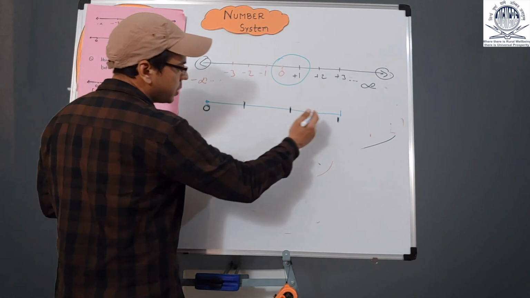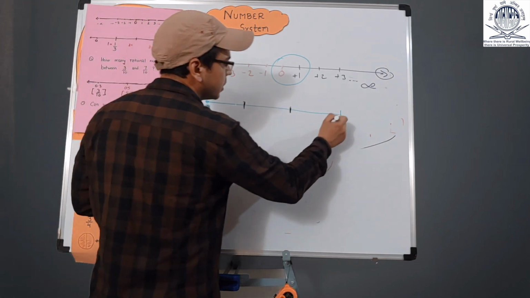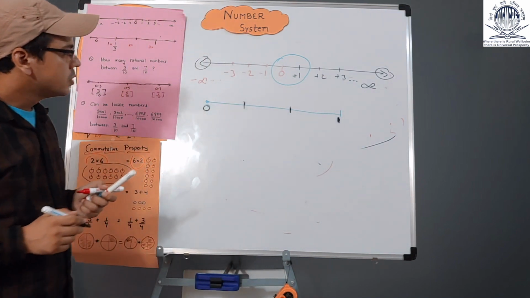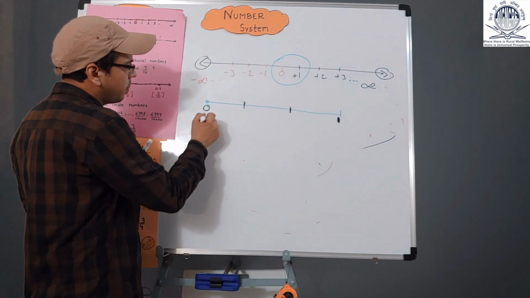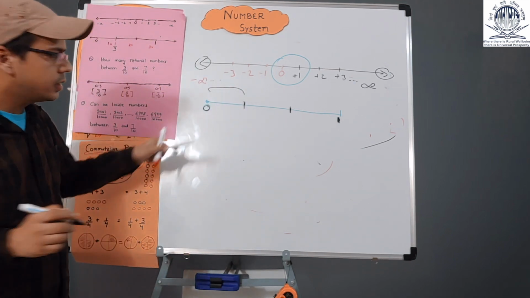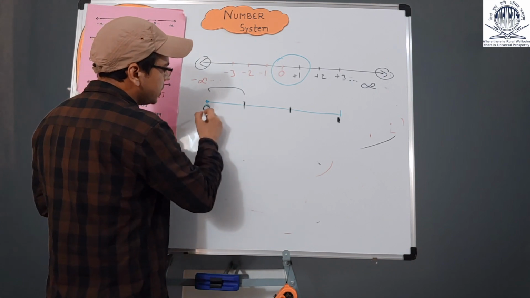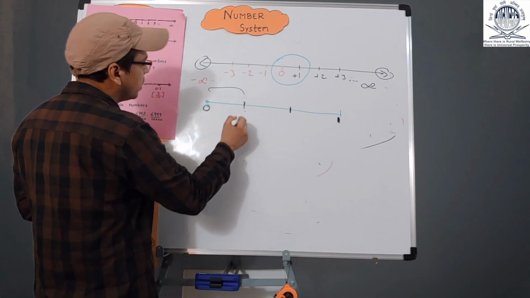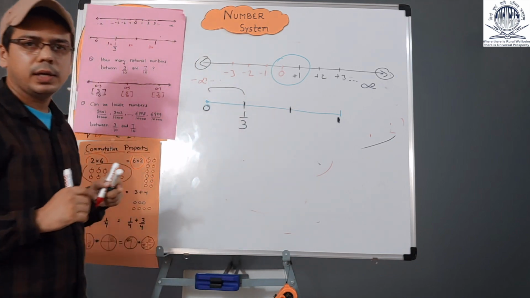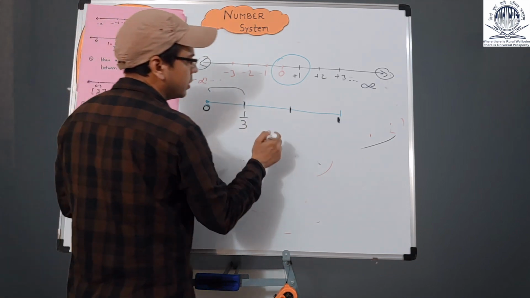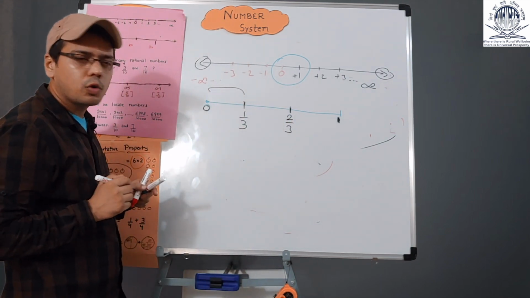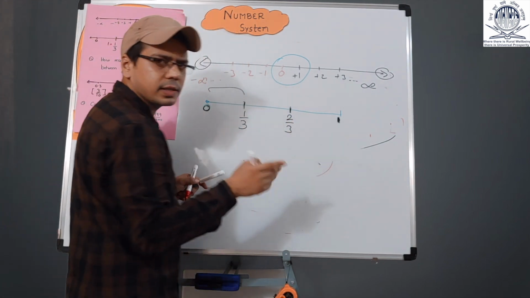Now if you are approximately making 3 equal divisions, this is my 1 and this is my 0. What do you think this part would be? Exactly, this would be 1 out of 3. So I'll say 0 and this would be 1 out of 3. Now if this is 1 out of 3, what could this be? This could be 2 out of 3. Okay, let's start again.